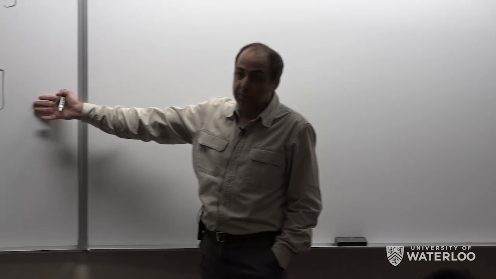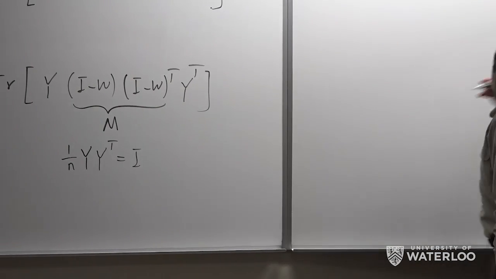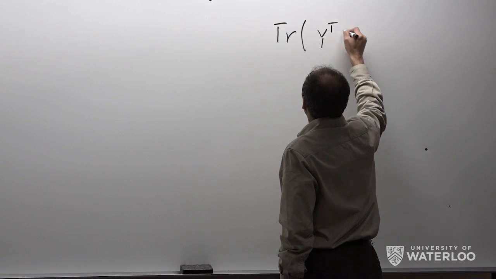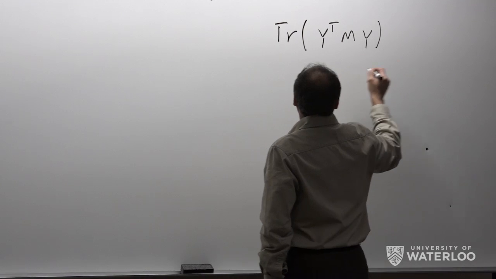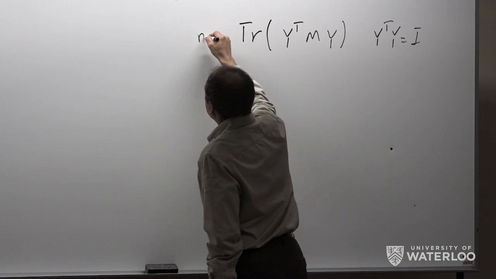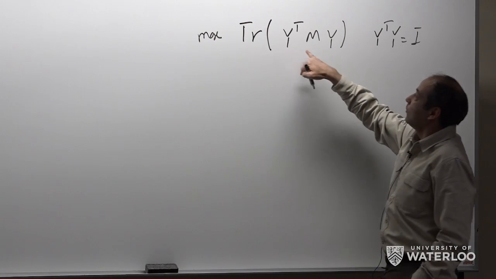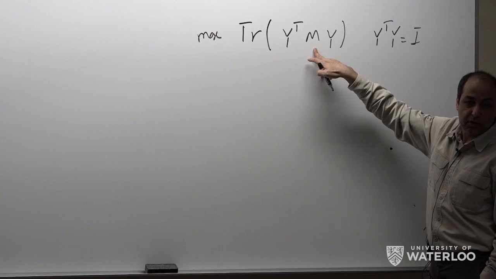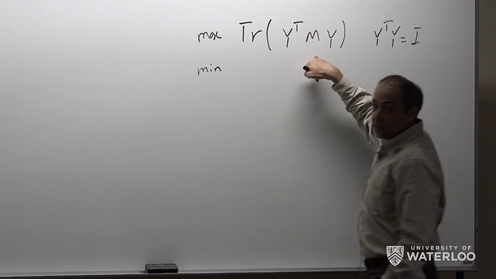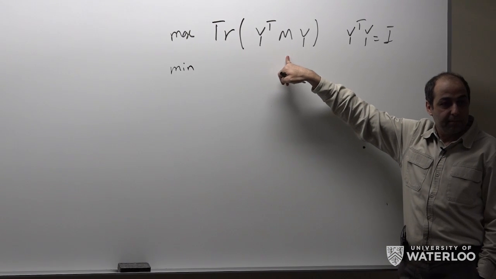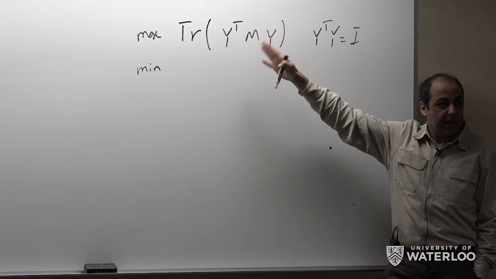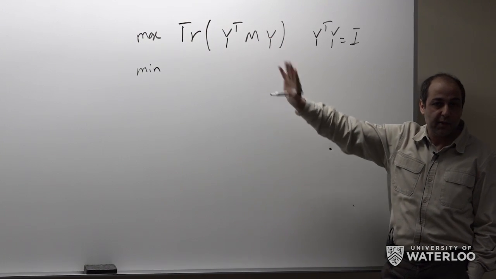But this is a very classical problem, and it appears in many places. In general, if you want to maximize trace of Y transpose M Y, subject to the constraint that Y transpose Y is identity, the solution would be the maximum eigenvectors of M. If you want to minimize it, the solution would be the minimum eigenvectors of M. These are pretty classical problems in terms of trace optimization.